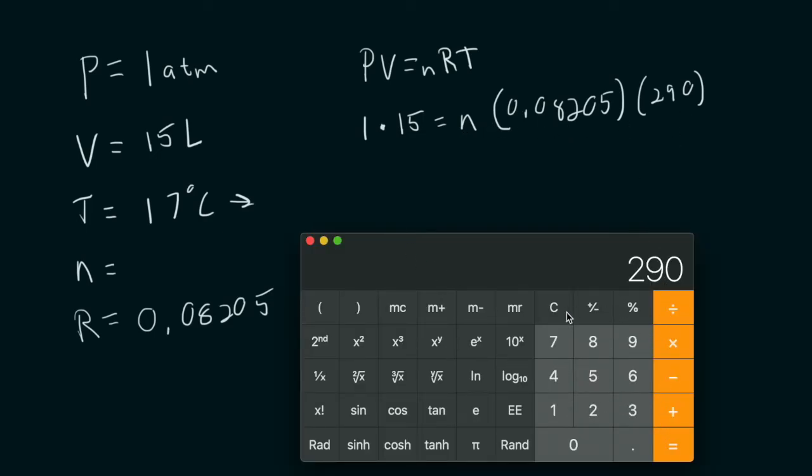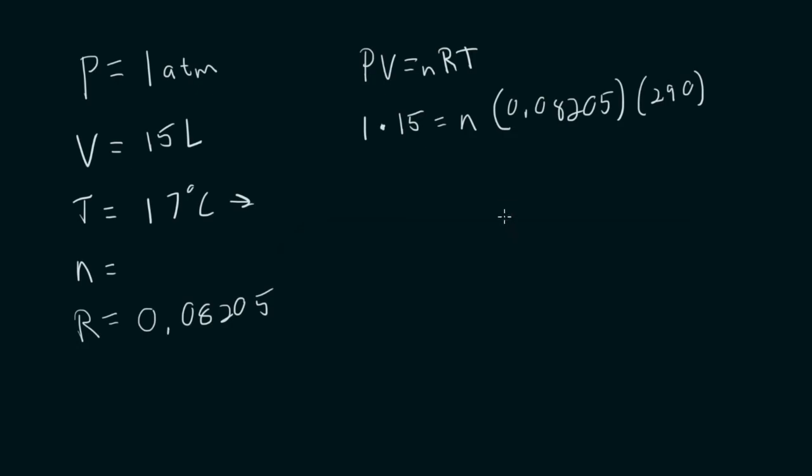Let's take 1 times 15 divided by, in parentheses, 0.08205 times 290, and close the parentheses, and equals 0.63. So my number of moles is 0.63. Simple enough, right?